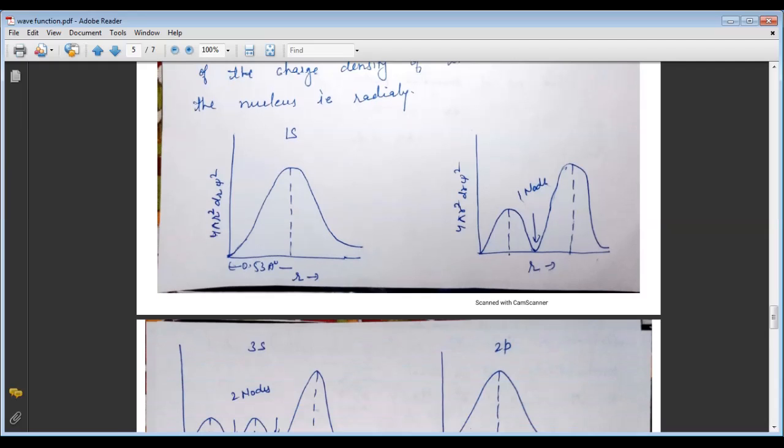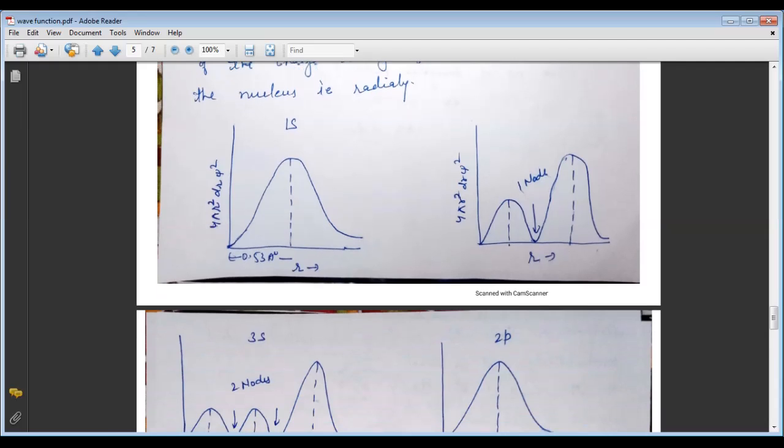This is the diagram for the 1s, a graph plotted between the radius and the radial probability. For the 1s orbital, the probability, that is ψ², of finding the 1s electron is maximum near the nucleus.